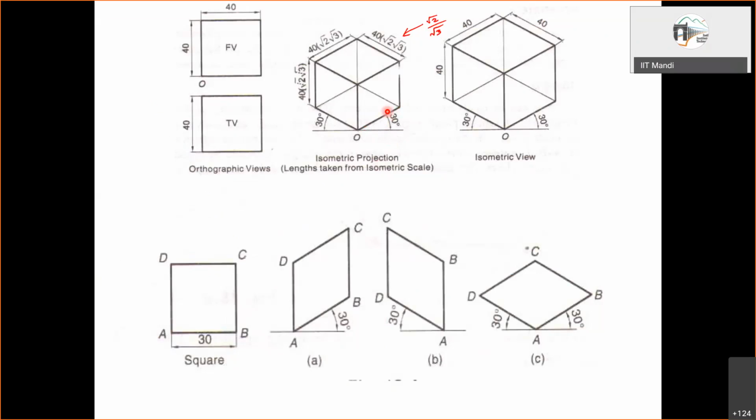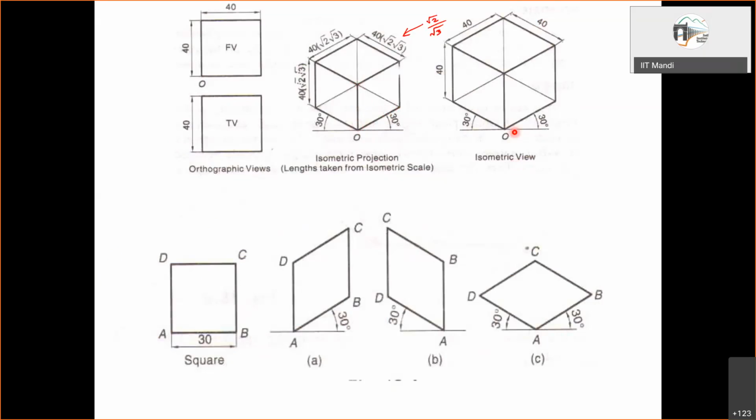Now suppose, rather than having this reduced length, we draw it with the actual length, then what will happen? All these edges actually have the same length, so all will uniformly increase in size. That means the cube will attain a higher size.